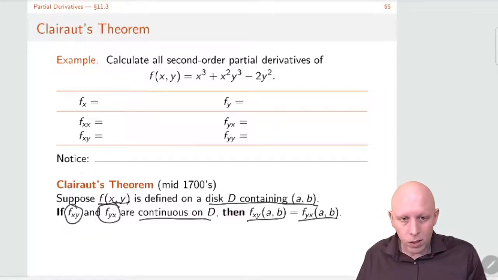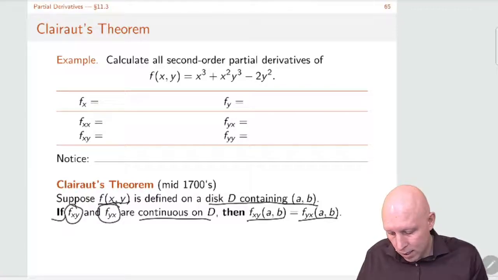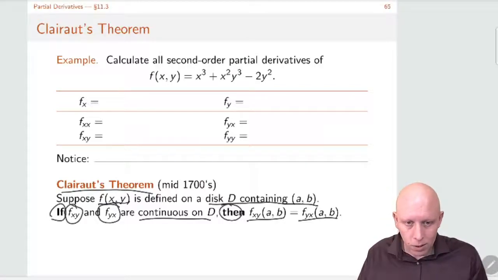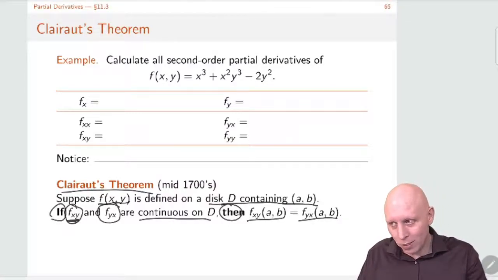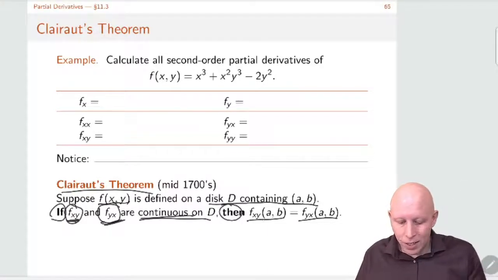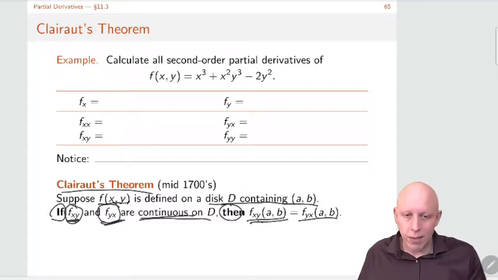So work a little bit to understand this supposition. The only time we can apply Clairaut's theorem is if we take the x derivative and then the y derivative of the function and it's continuous, and then if we take the y derivative and then the x derivative, and that's continuous. That's the only time we can apply this theorem, and then it doesn't matter in which order you took them.